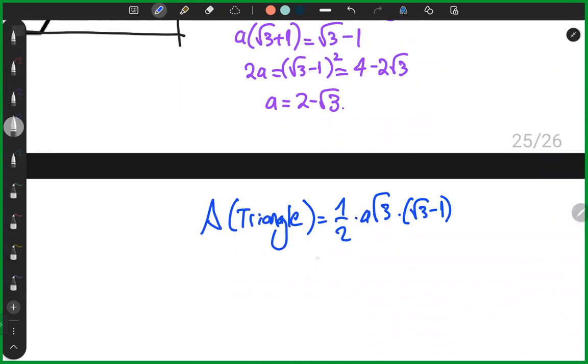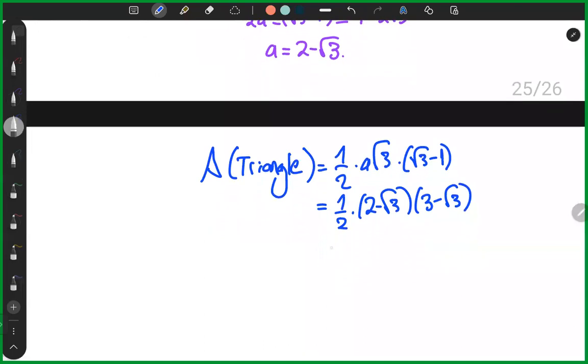So this is 1/2 times, let's substitute 2 - √3 for A, and let's multiply the remaining terms, and they multiply to 3 - √3. And then this is 1/2 times 2 times (9 - 5√3).